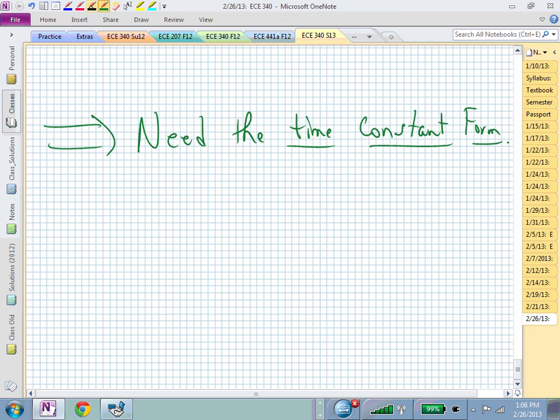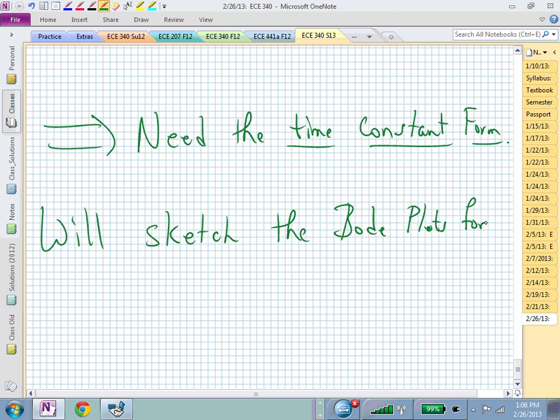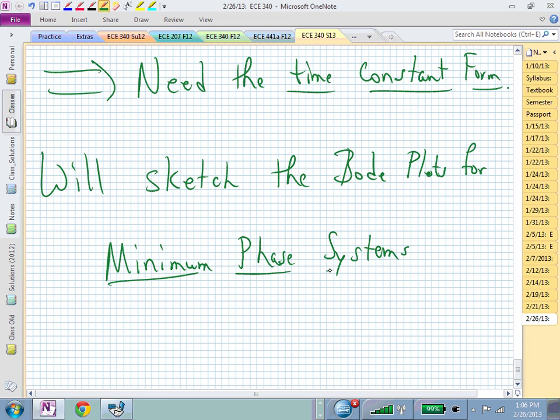The other restriction that I will go ahead and tell you that we'll play with in this class is we are going to sketch these Bode plots for minimum phase systems.